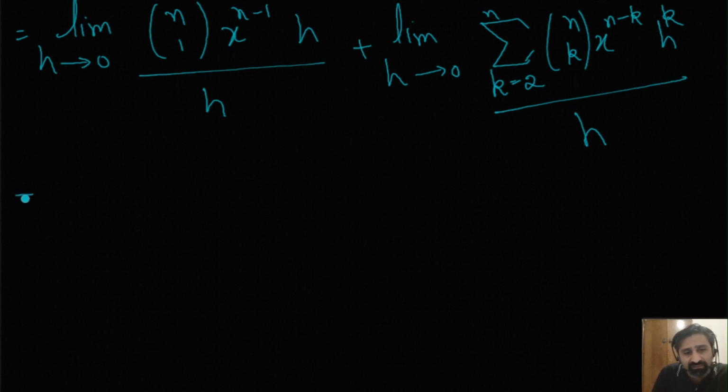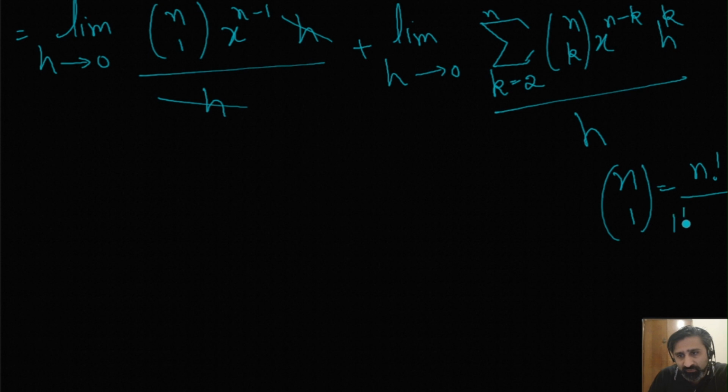Then here, this h and this h cancel. Now if you observe closely, this n choose 1 is nothing but n factorial by 1 factorial into n minus 1 factorial.